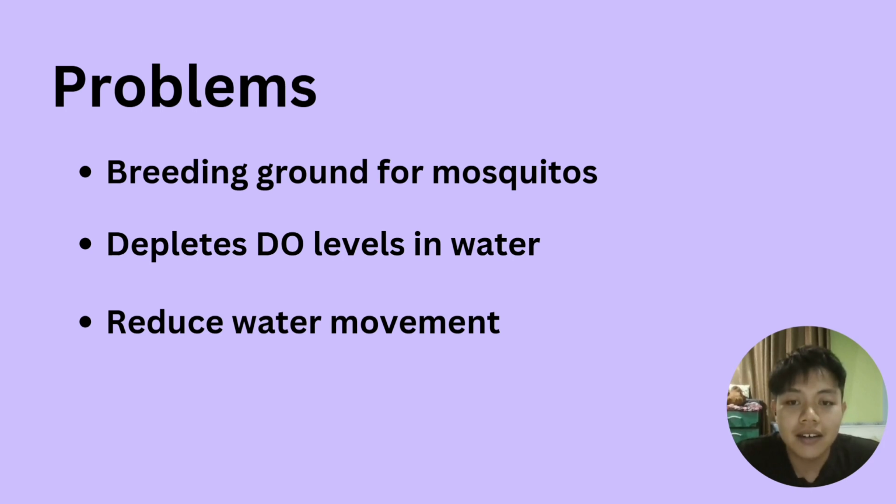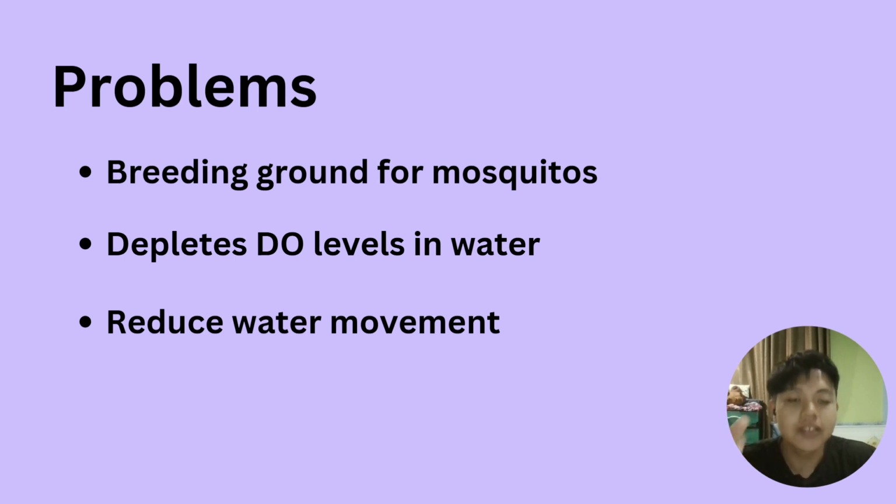And next, it depletes the dissolved oxygen levels in water. So, dissolved oxygen means the oxygen from our atmosphere which can then diffuse into our river water.